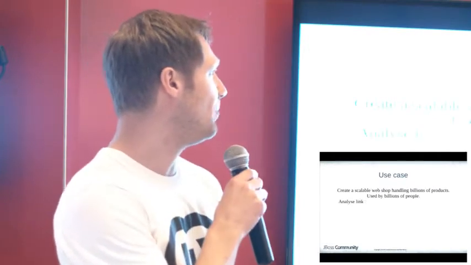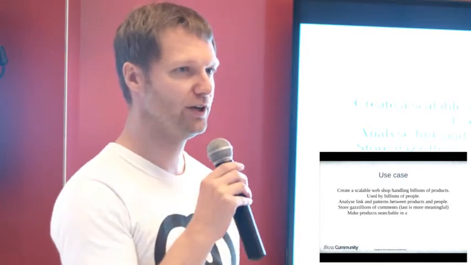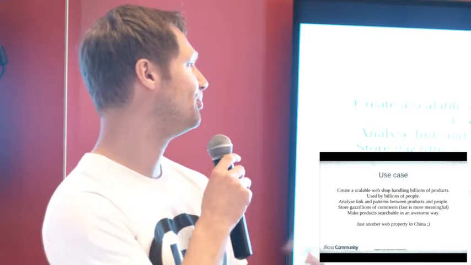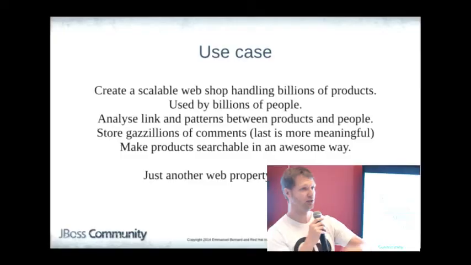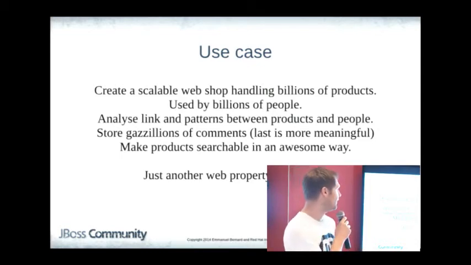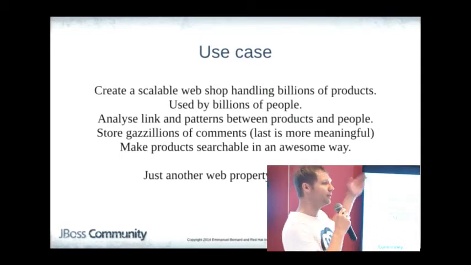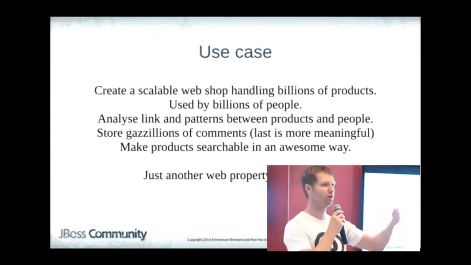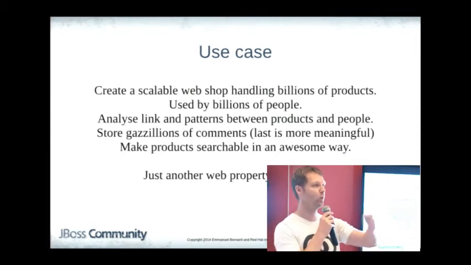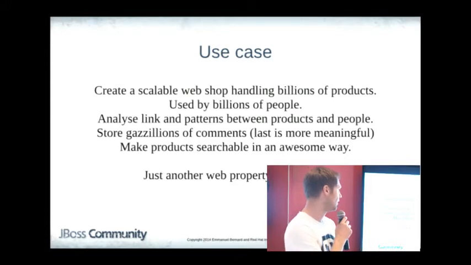And let's discuss a use case. Let's say I'm a web shop, and I've got billions of products, and I'm lucky because I've got billions of customers, paying customers, and maybe not just paying customers. And on top of selling stuff, I also need to analyze the links and patterns between products and people: who buys what, why, in which circumstances, and so on.